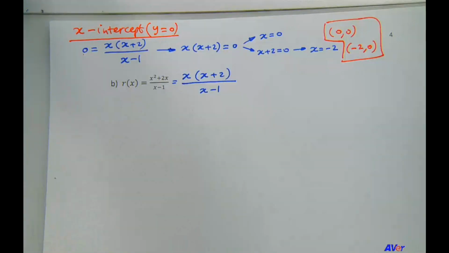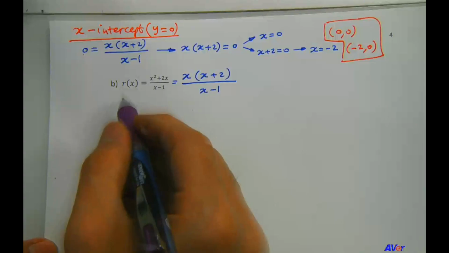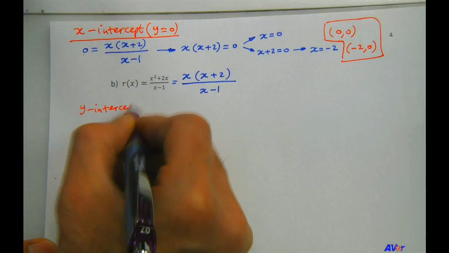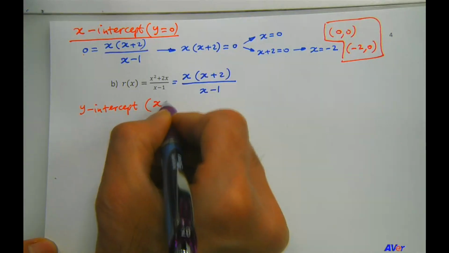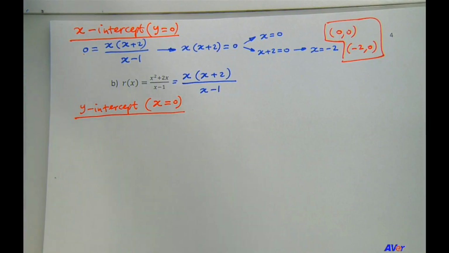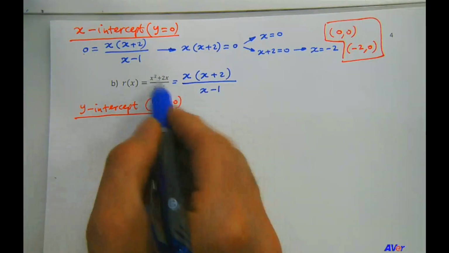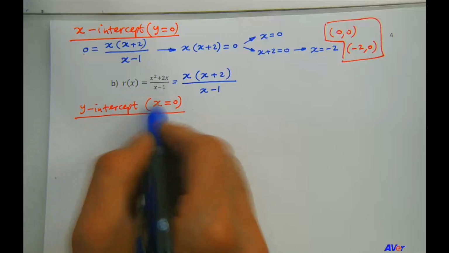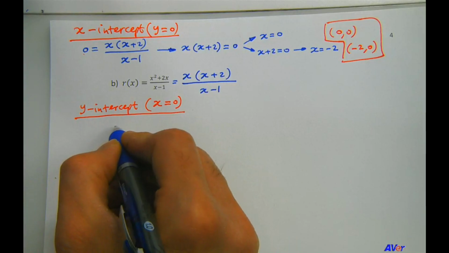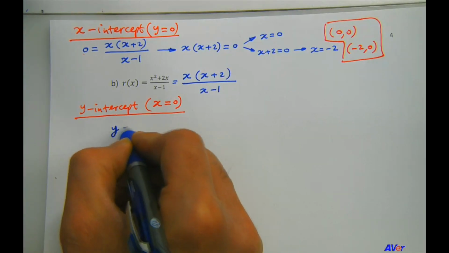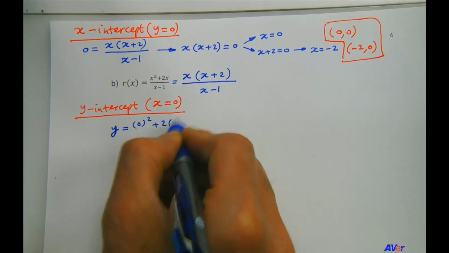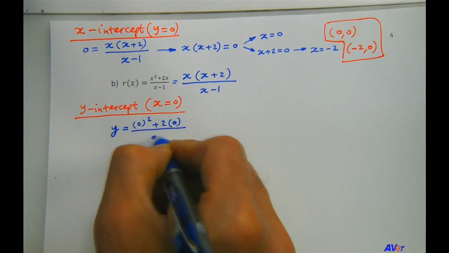So now let's find the y-intercept. The y-intercept happens when x equals 0, right? So let's substitute for x everywhere here. I'm sure you can see where it's going. It's going to end up being 0. So y equals 0 squared plus 2 times 0 divided by 0 minus 1.